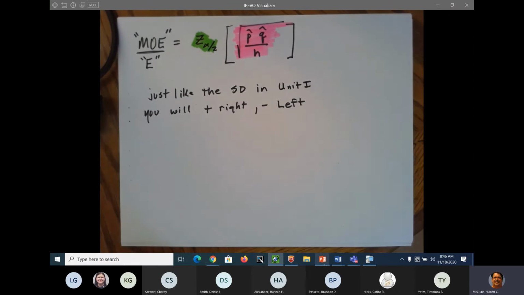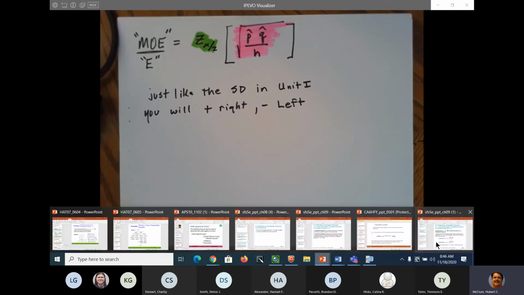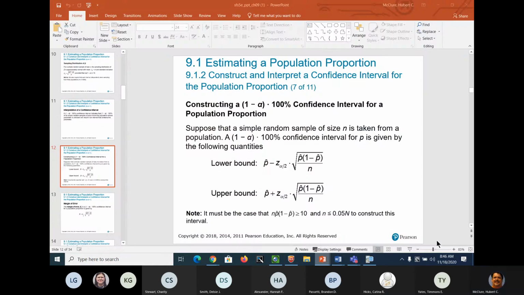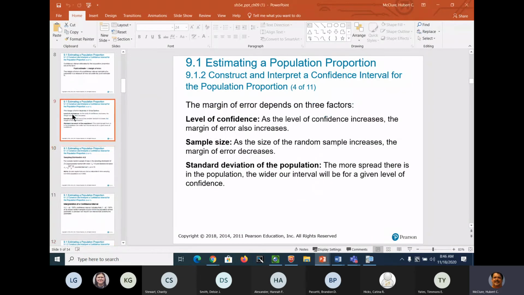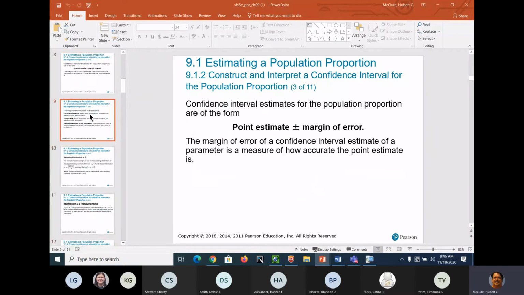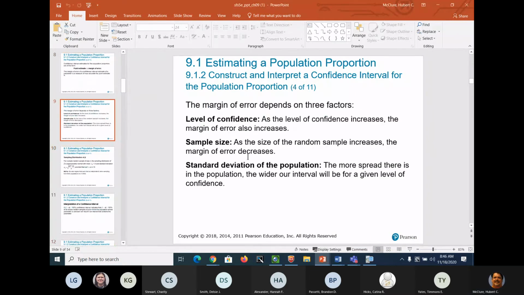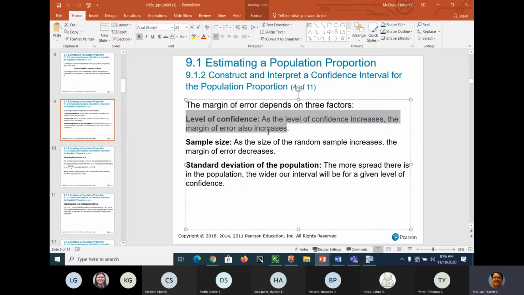So let's look at the problem they give us. If it's a decent problem, let's look and see. Now, I will tell you this. These two things are what you're going to be tested on in chapter 9. Level of confidence, confidence interval, and sample size. And margin of error. But sample size is the last thing we're going to learn.